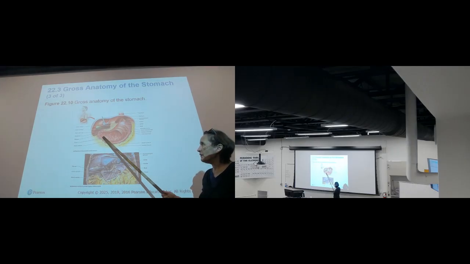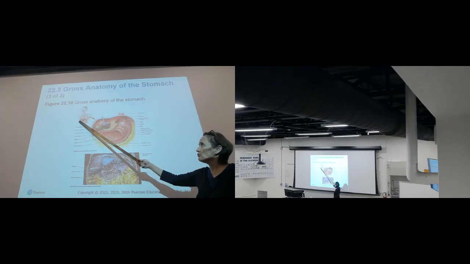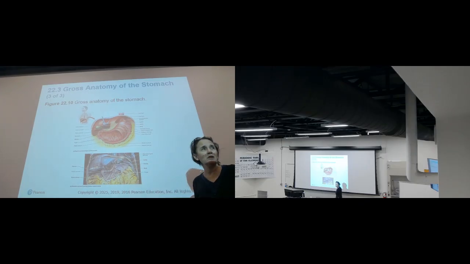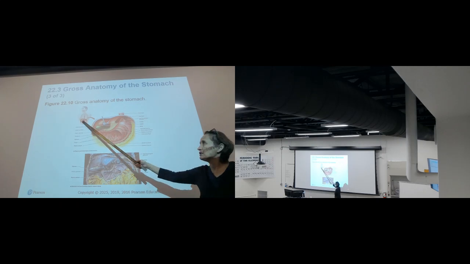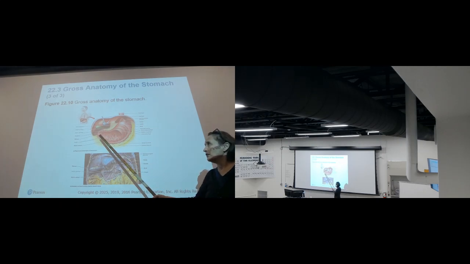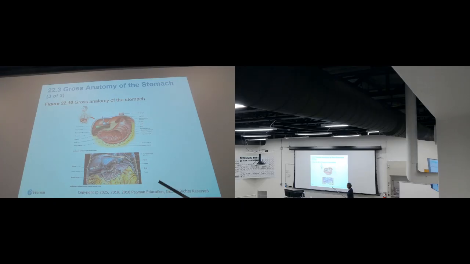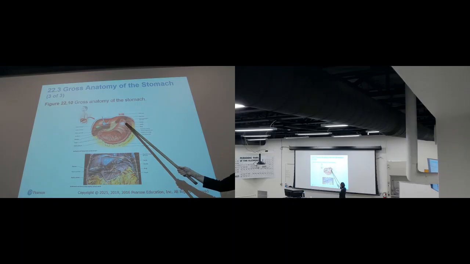This pyloric sphincter will open, and it will allow the passage of chyme little by little into the duodenum, which is the first part of the small intestine, so that you can start digesting foods in the duodenum. Okay? And now, the last layer of the stomach will be the serosa.